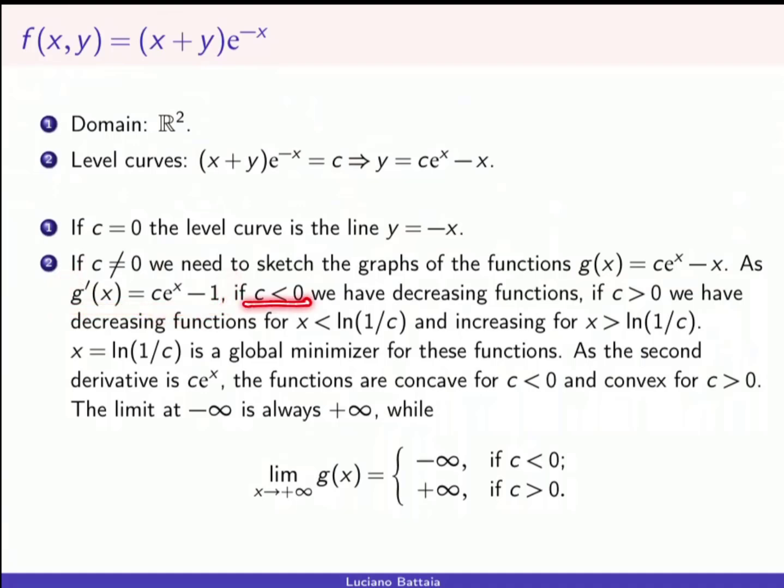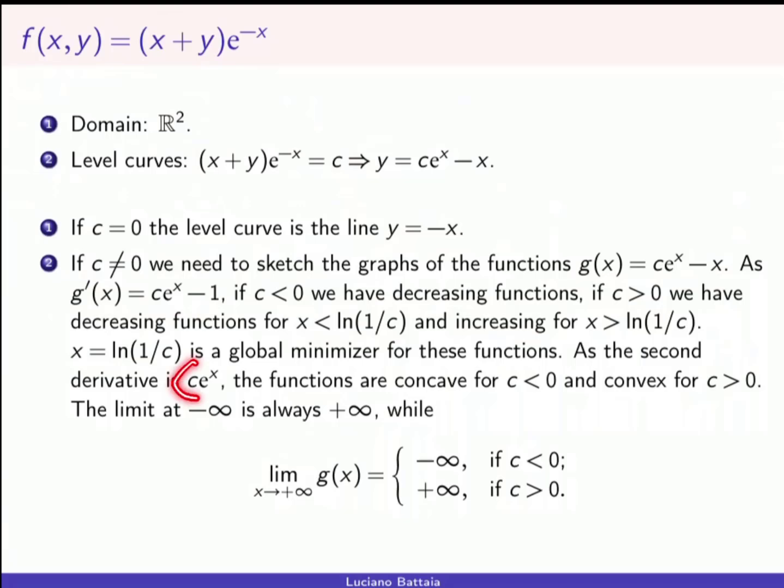If c is negative, this expression is always strictly negative, so we have decreasing functions. If c is positive, we have functions that are decreasing and then increasing. So we have a global minimizer in x equals ln 1 over c. Also, the second derivative is immediate.